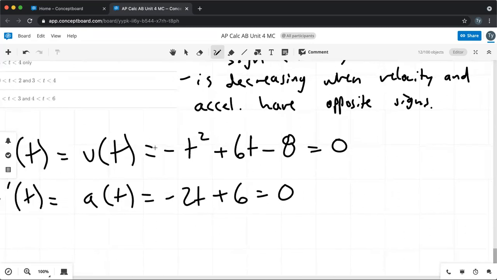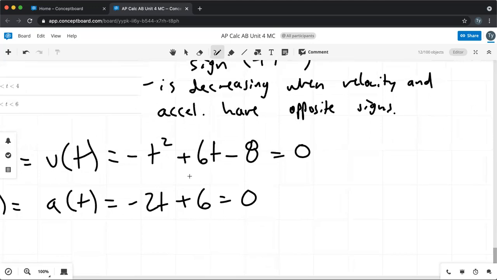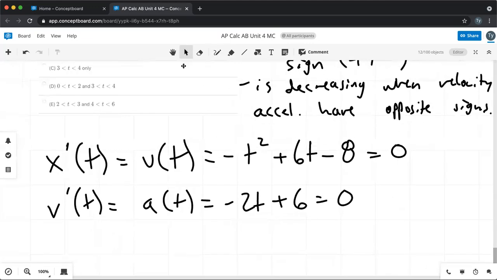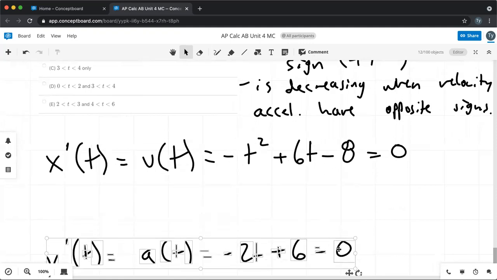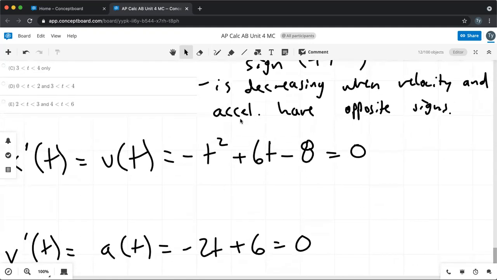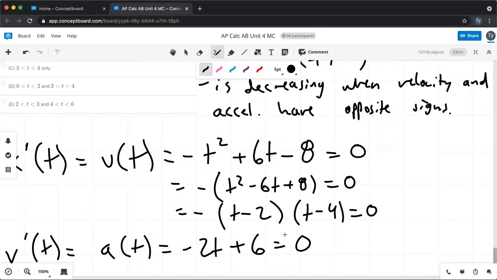So where is the velocity 0? Well, if we factor this, I like to factor out the leading negative. However you factor is fine. We can factor this. It splits to t minus 2 times t minus 4 equals 0.